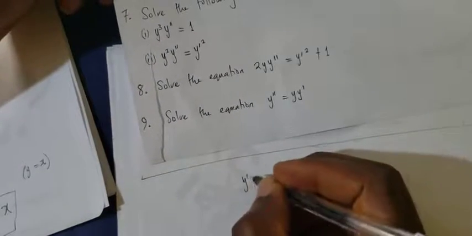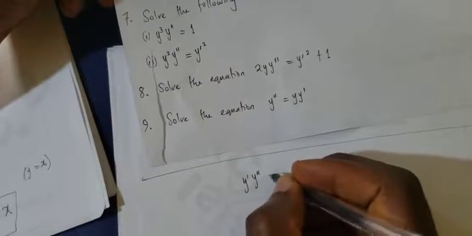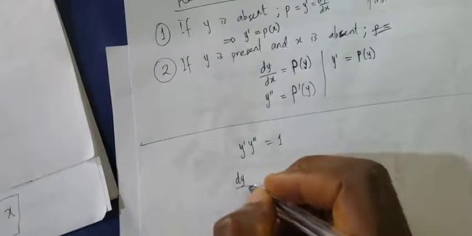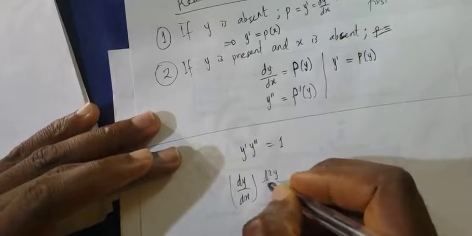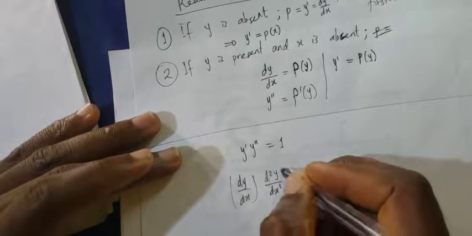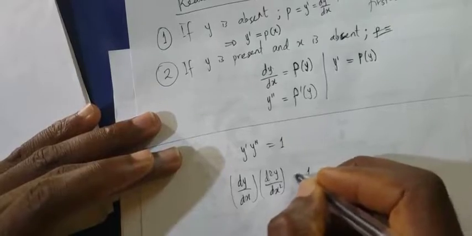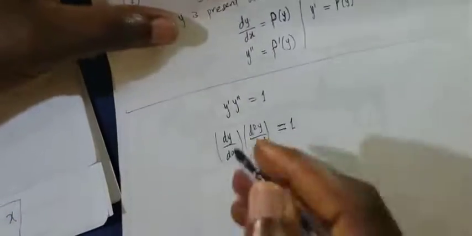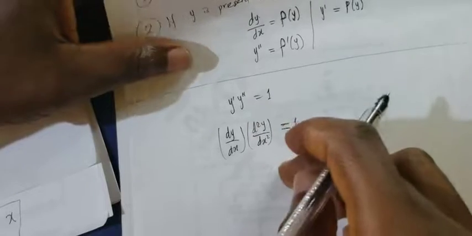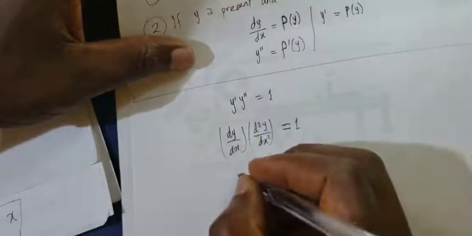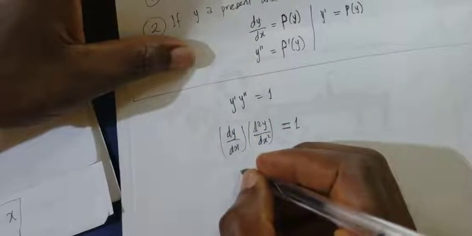We're given that y prime times y double prime is equal to 1. That means that when you multiply dy/dx by d squared y/dx squared, it is actually equal to 1. This is a differential equation. Since y is not there, we can reduce this to a first order differential equation by simply setting some function p of x to be y prime.